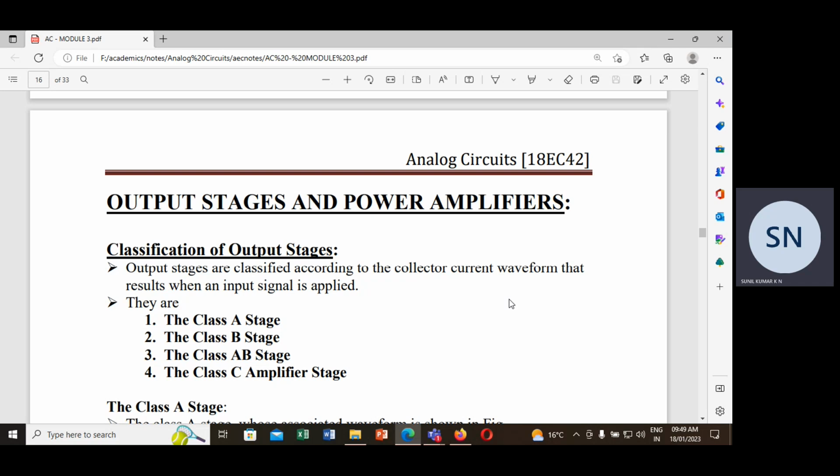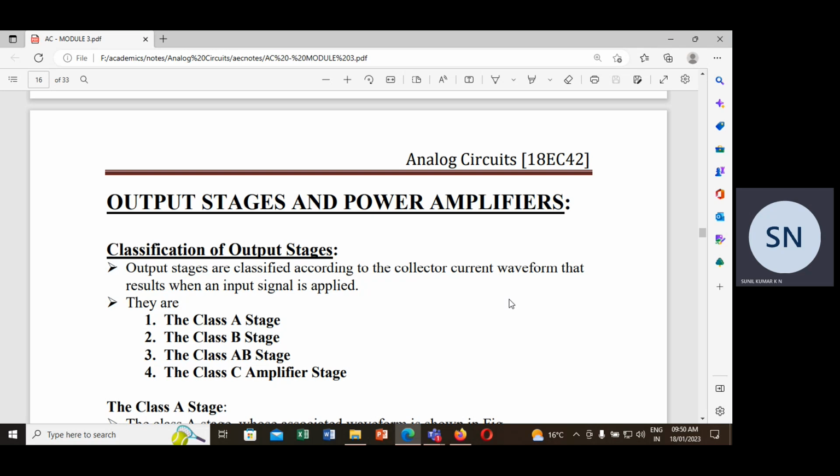Any signal which you apply across the base and collect at the collector is common emitter, so by the transistor itself it is 180 degrees out of phase. So output to input, if I connect, that is nothing but negative feedback itself.